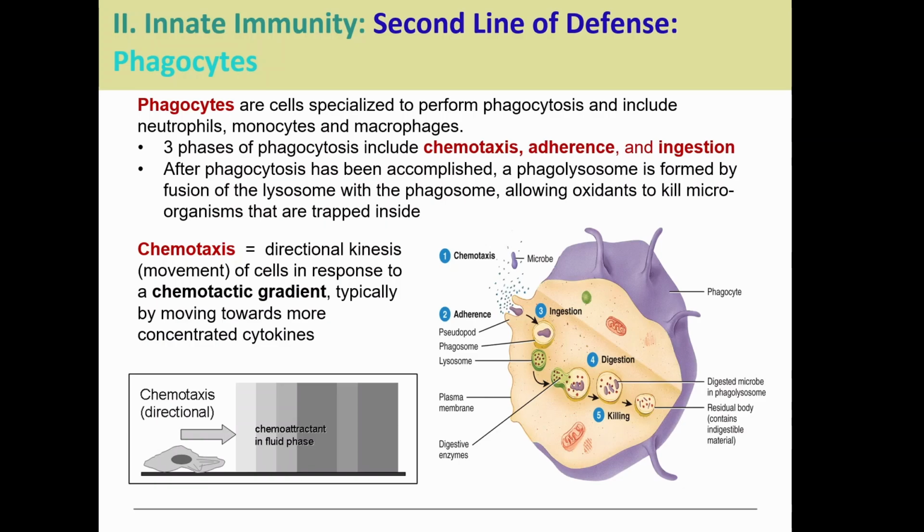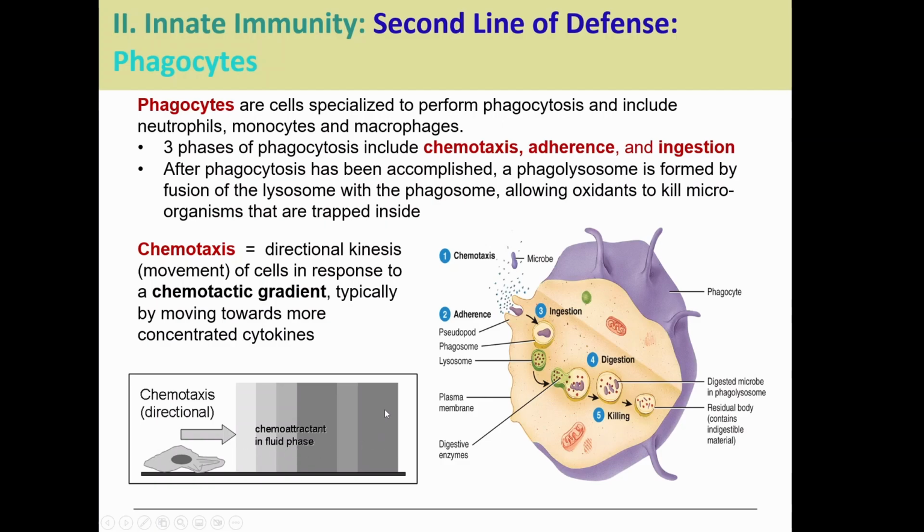We're going to start with number 1, which is chemotaxis. This is what we call directional kinesis, basically meaning this cell's going to move, right? And it's going to move in response to a chemical signal. Here we have some sort of cytokine, some sort of chemical signal. The cell is going to detect that chemical signal, and it's going to move in the direction where that chemical signal gets stronger.